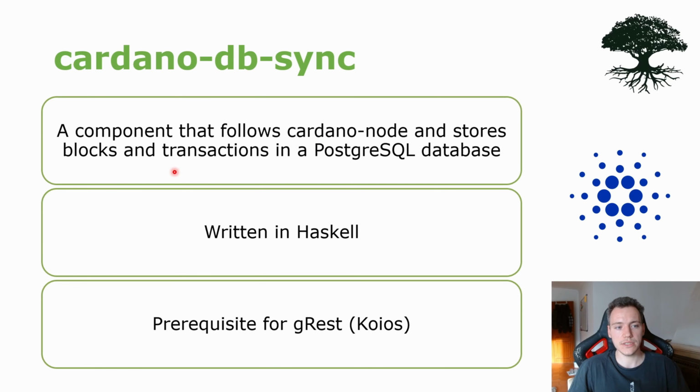So cardano-db-sync, component that follows Cardano node, like I said, and stores blocks and transactions in a Postgres database. It is also written in Haskell, and this in turn is a prerequisite for gRest or the Koios node, because gRest is basically an API on top of this PostgreSQL database that cardano-db-sync is syncing with some enhancements.